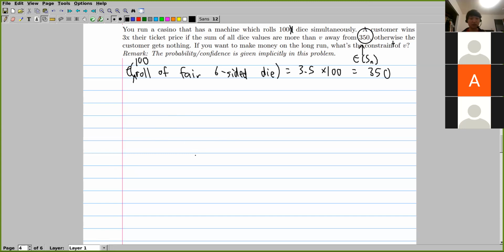Yes, you need to win 1/3 of the time. The reason is that 1/3 of the time you win 3 times the price, and the other 2/3 of the time you lose the ticket price. So win 3 times ticket plus 2/3 of the time you lose 1 ticket.